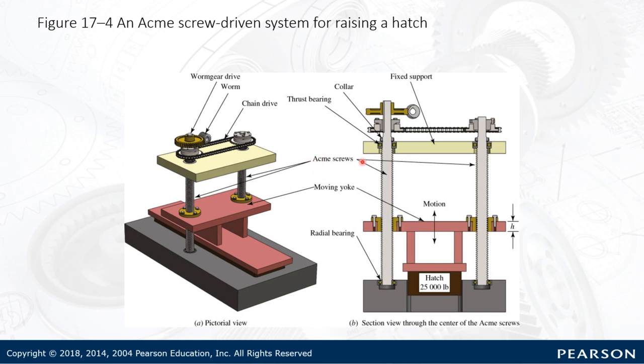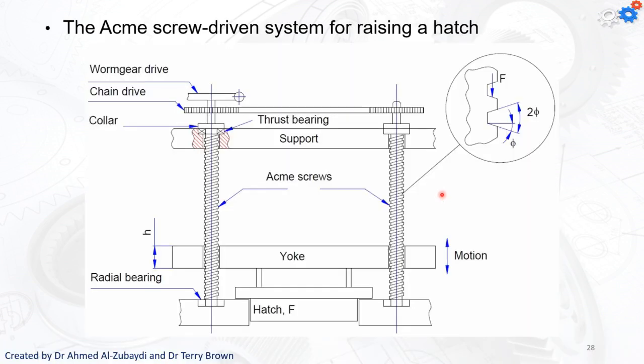These screws use the Acme thread, and we need to find the diameter of the thread or screw, and also the width or thickness of the yoke. This will be related mainly to the area, so you don't have to worry about it. It shouldn't be hard to understand. The load of 25,000 is divided equally between the two screws. That's a cross section of the work.